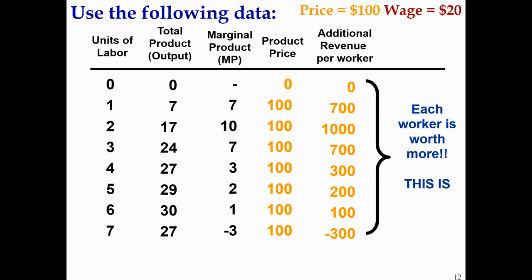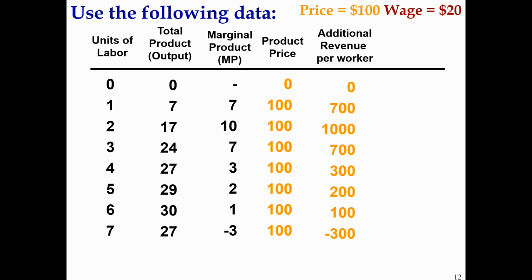This is really interesting to see. So if I change my product price, the worker is worth more, and you see all of this shifted to the right.